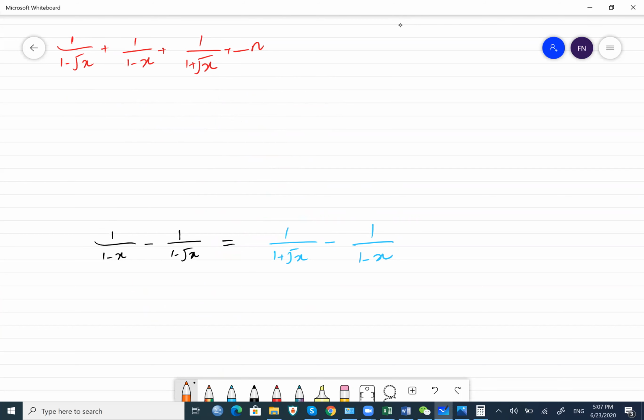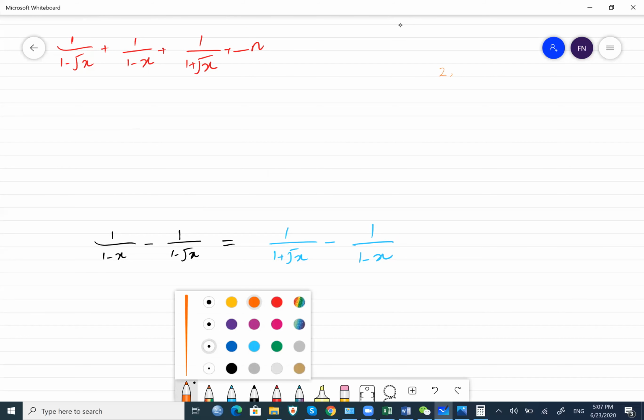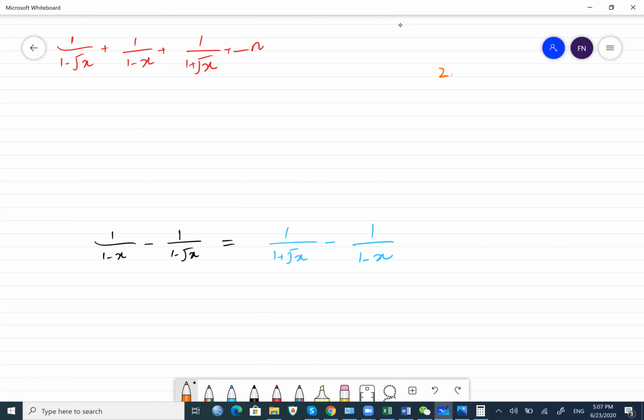I'll give you a simple example. I give you a series, let's say 2 plus 4 plus 6 plus so on. If I ask you whether it is an arithmetic series, you say, okay, let me check. You take the difference of any two consecutive terms.